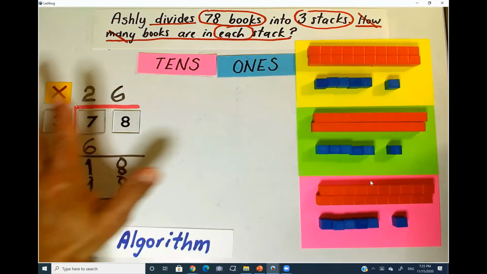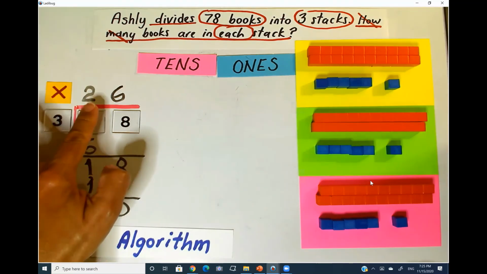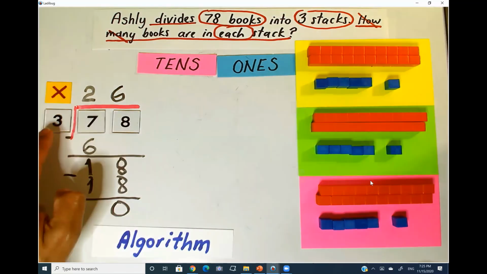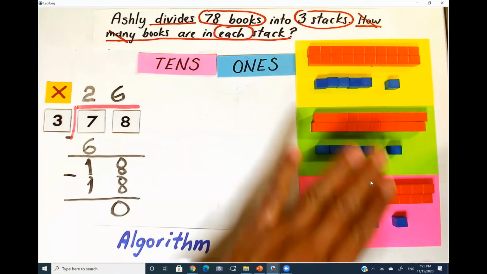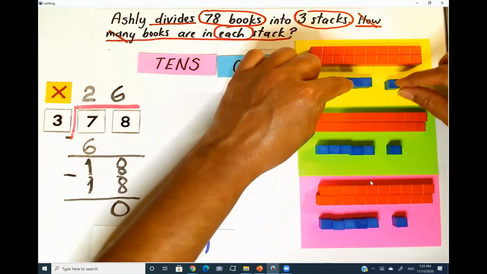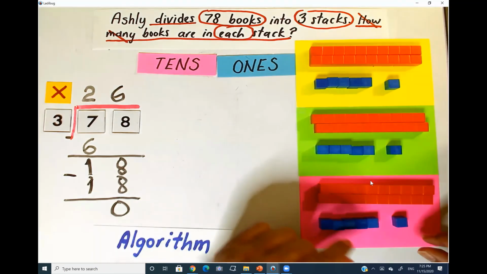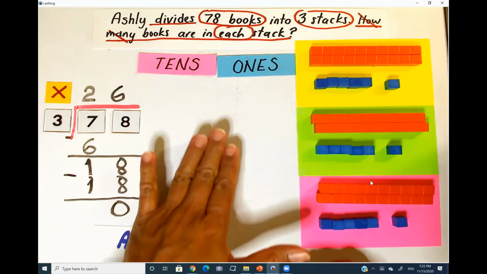So in total, my division is telling me that I gave 26 to each group. So 78 books divided into 3 stacks makes 26 books in each stack. Let's prove it: 20 and 6, 26, 20 and 6, 26, 20 and 6, 26. So I have 0 books left without distributing.